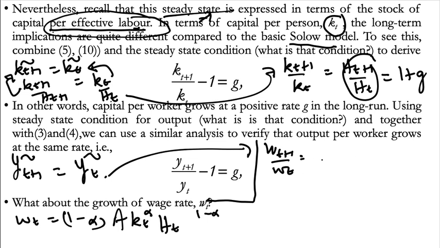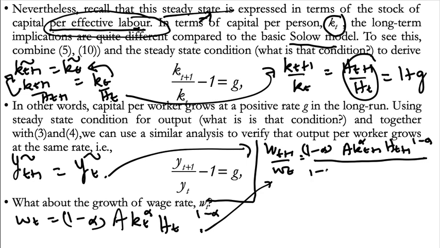And we know that we can write w_{t+1} as this: (1 - α) A k_{t+1}^α h_{t+1}^(1 - α). Next, w_t is given by this, so we put it here: (1 - α) A k_t^α h_t^(1 - α). So, if you try to cancel them off, but actually, before we cancel, let me do this.